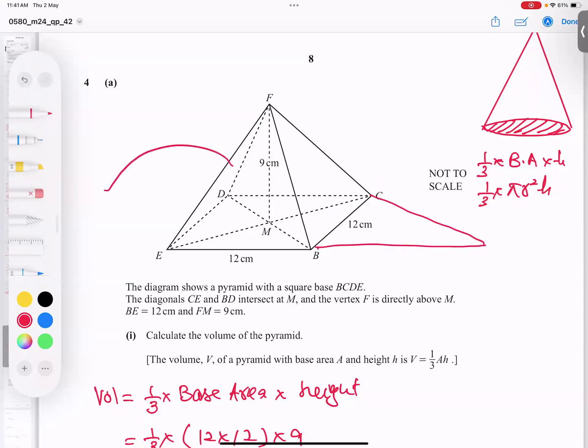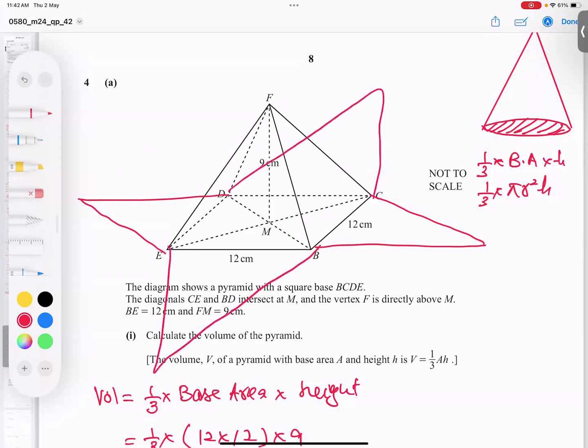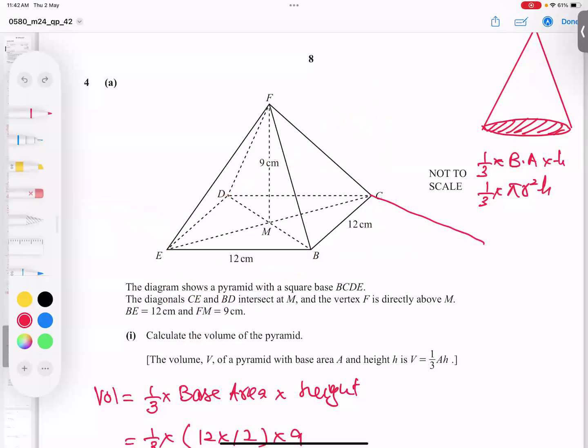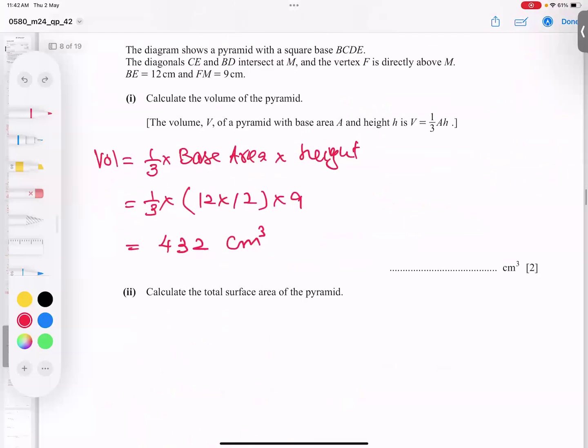If I unfold this, I get this kind of triangle. If I unfold this side, I get this kind of triangle. And the back, I unfold. So this is 4 triangles plus 1 square. All these triangle areas are equal to each other. So I can say that total surface area, TSA, but it's not a prism.